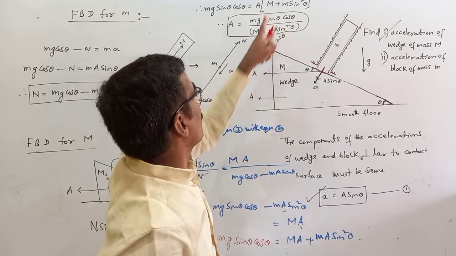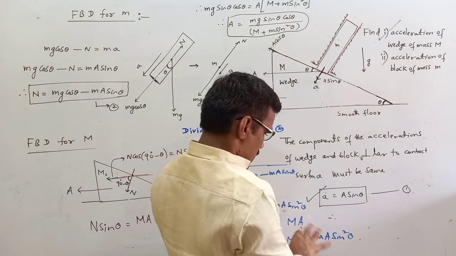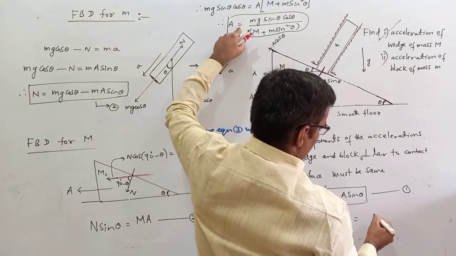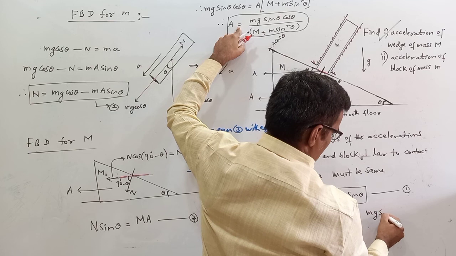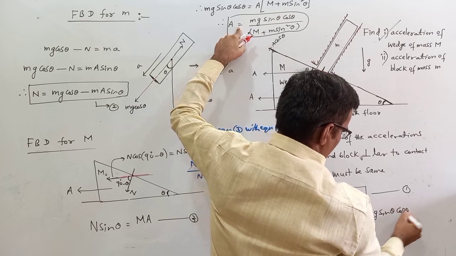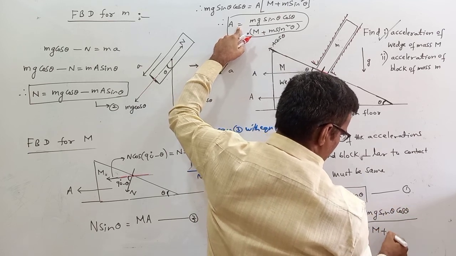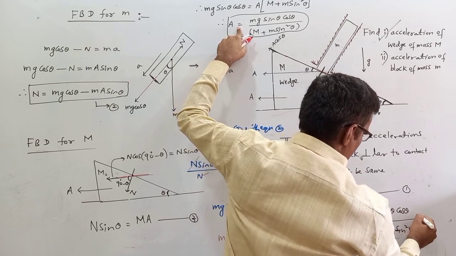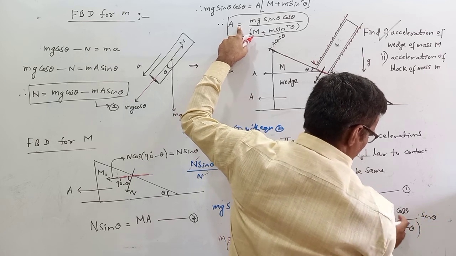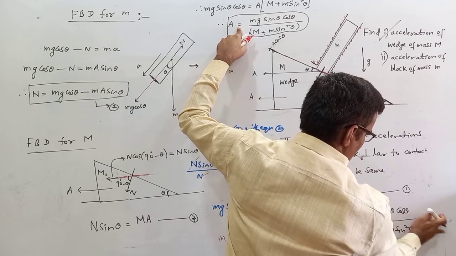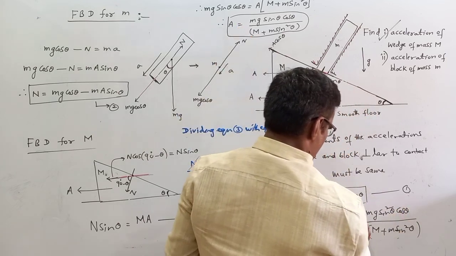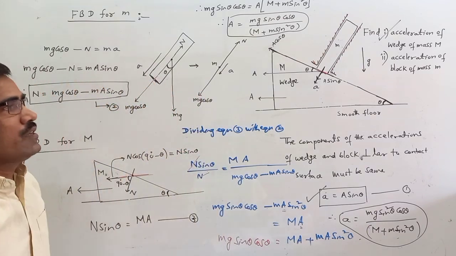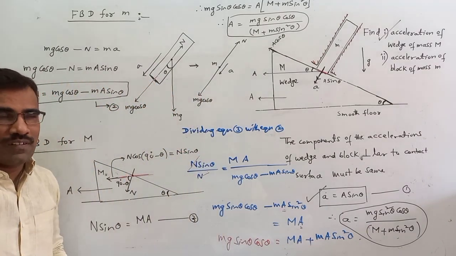Instead of capital A, write this expression. Therefore small a equals mg sin theta cos theta divided by capital M plus small m sin square theta, into sin theta, which gives sin square theta. That is the acceleration of mass small m. Thank you very much.